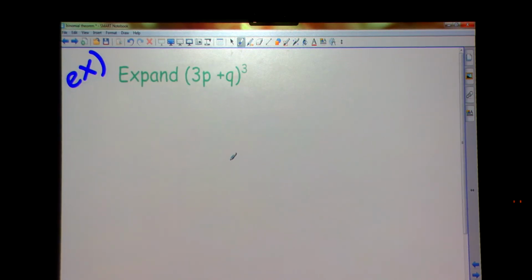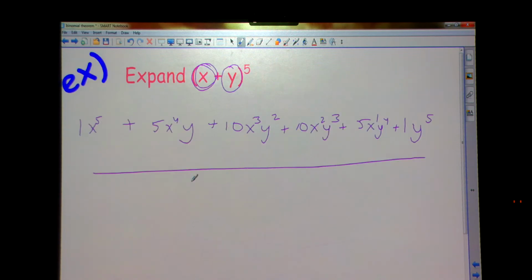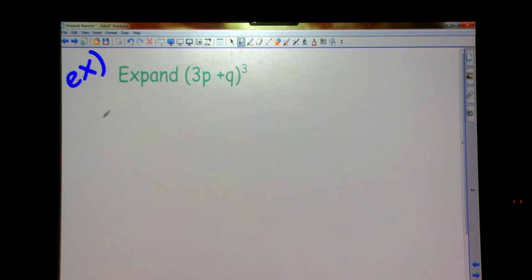Let's do another. We're going to throw in a coefficient. 3p plus q cubed. Okay, so let's first get our coefficients. Cubed. So this is 0, 1, 2, 3. Here are the coefficients I want. 1, 3, 3, 1. So I'm going to leave a little space. 1, 3, 3, 1. Now take this first term.